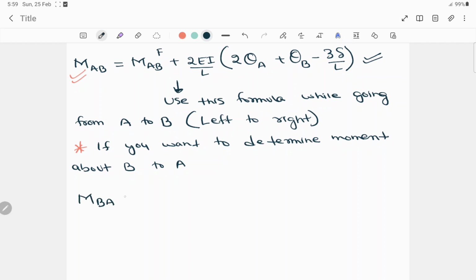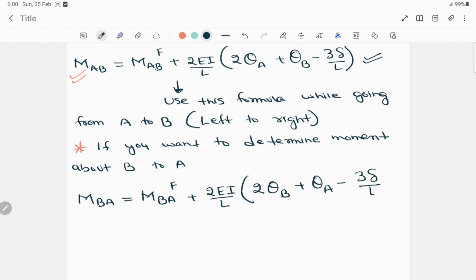MBA is equal to MBAF plus 2EI by L, 2 theta B plus theta A minus 3 delta by L.